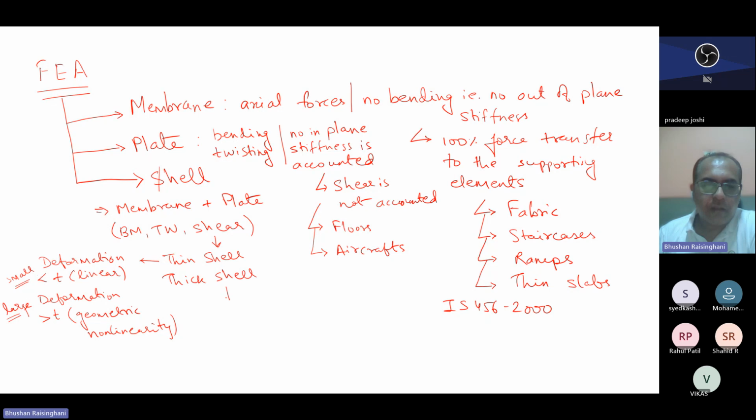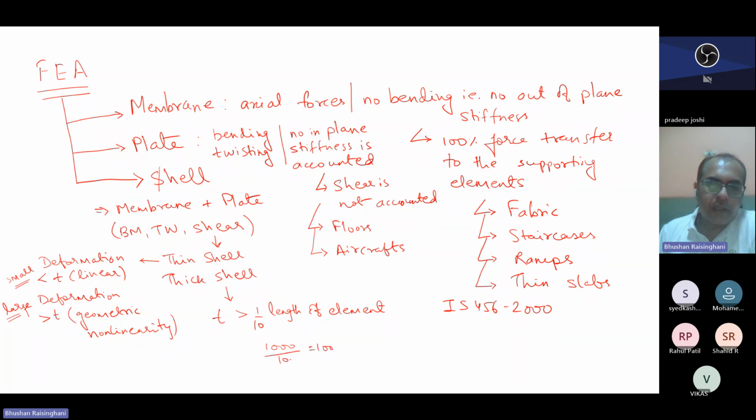Now thick shell. When the thickness of the element is greater than 1 by 10 of the length of the element, then it becomes a thick shell. So let me take 1 by 10. If I take 1 meter length, one tenth of it becomes 100 mm.